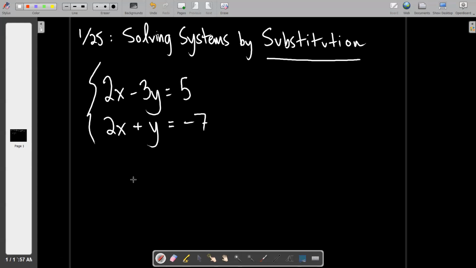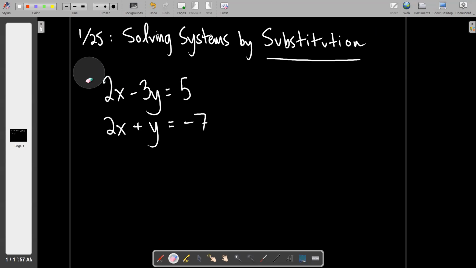Sometimes people put a little curly bracket around the outside to represent that they're holding something together as a system. The program that I use often won't put the curly bracket on there, but you will assume that it's a system based on the structural nature of it.